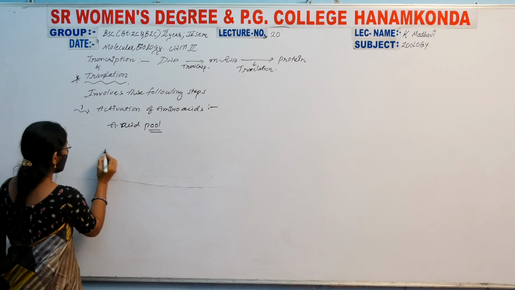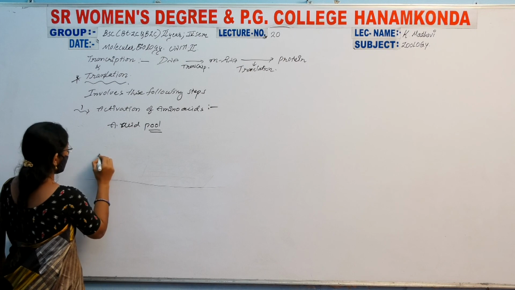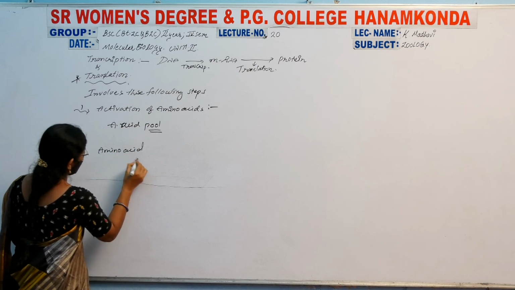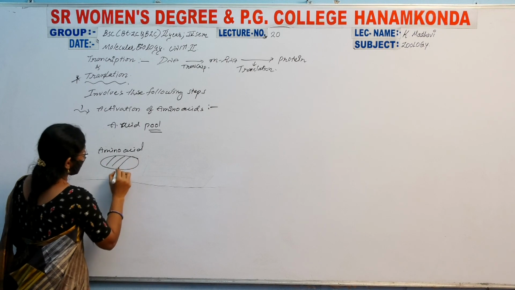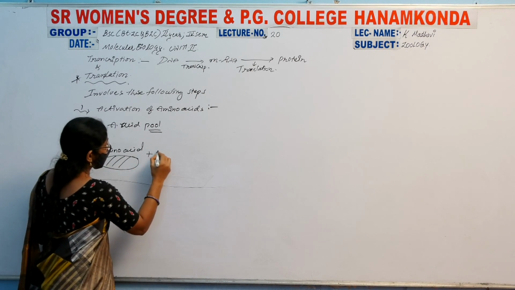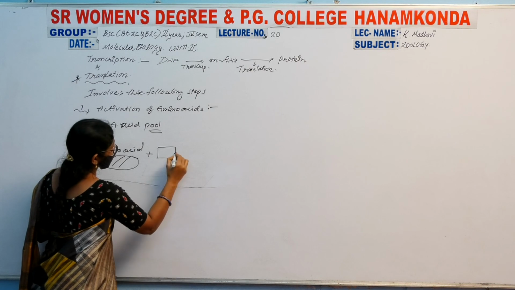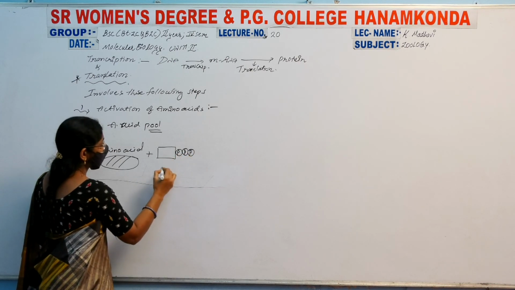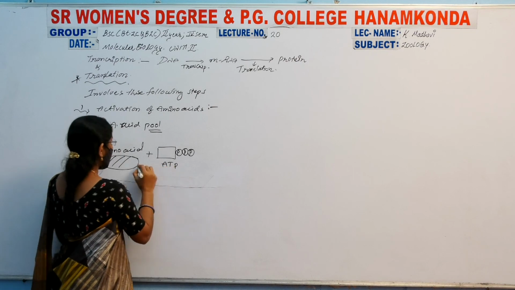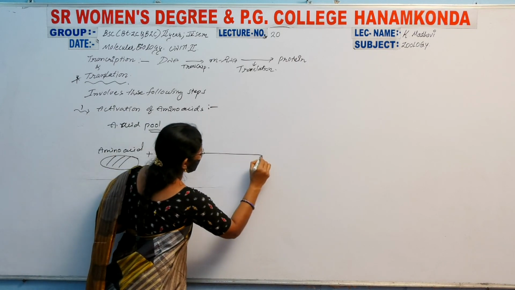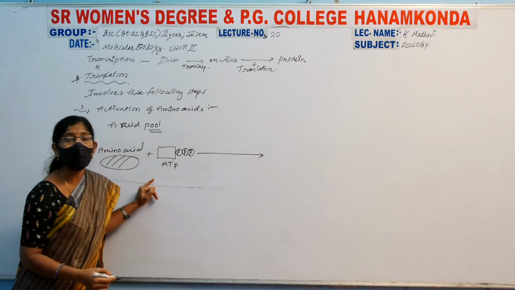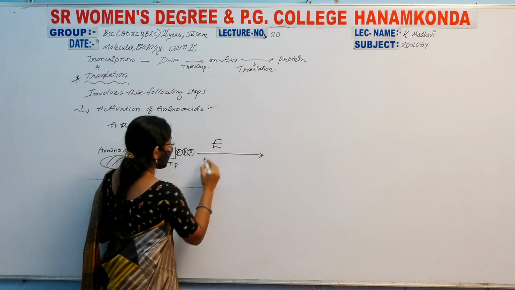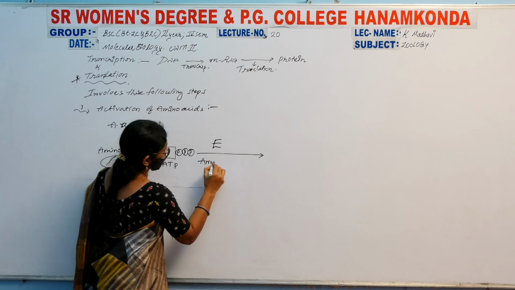For example, here is an amino acid, I am just going to draw it like this. The amino acid, with the help of ATP, adenosine triphosphate, in the presence of amino acid synthetase, this is the enzyme.